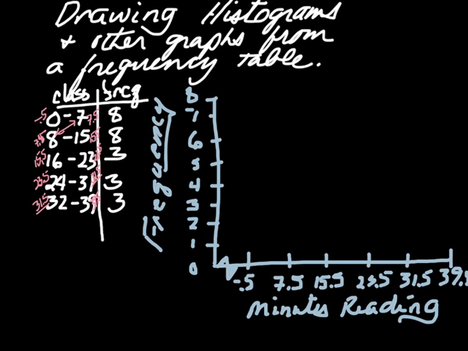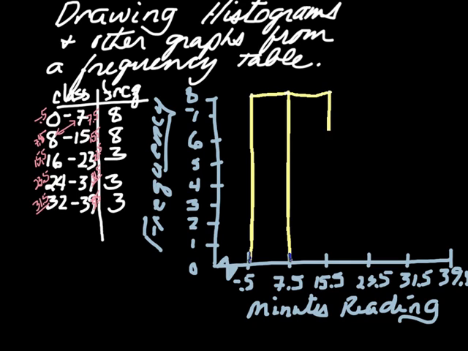So our frequency is 8, which is up here, and it goes between negative 0.5 and 7.5. And then the next frequency is also 8, goes up to 15.5, and then the frequency is 3, and then 3, and then 3.